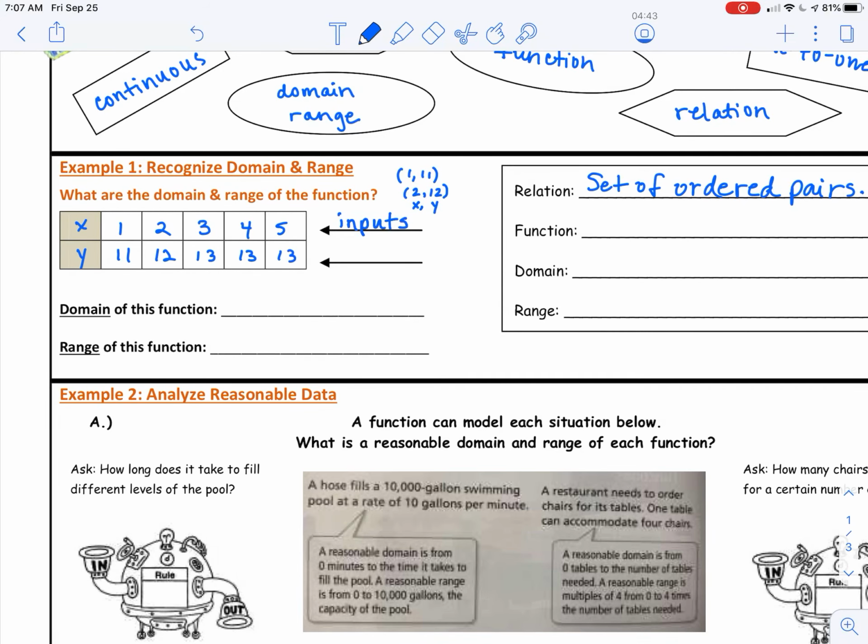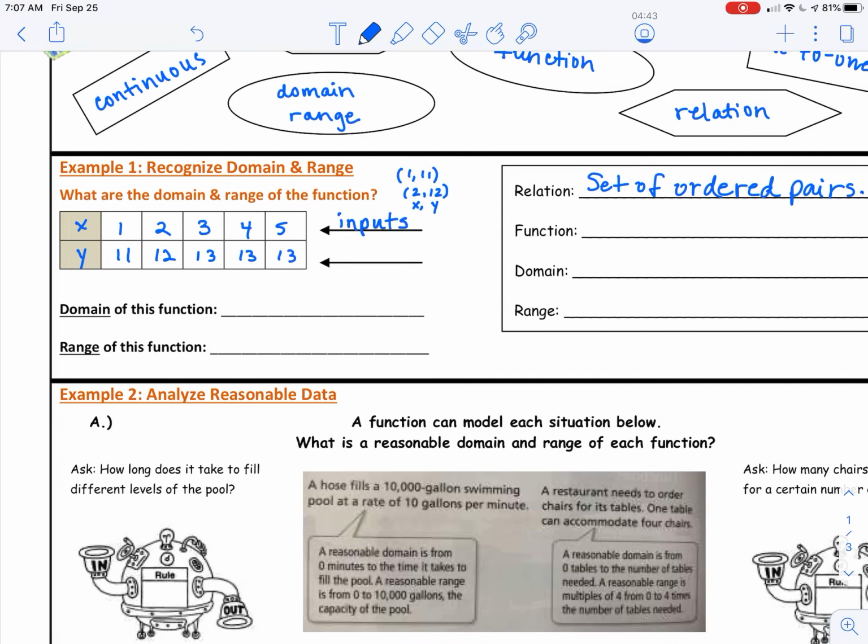We're also going to learn a new name for our first row of inputs. That is called the domain. A domain is simply the set of inputs, which we also know is our x values.